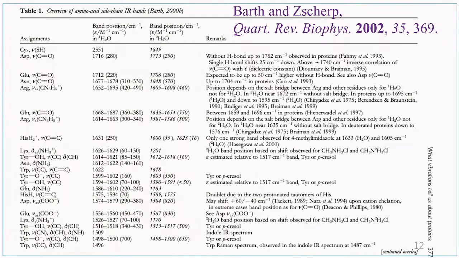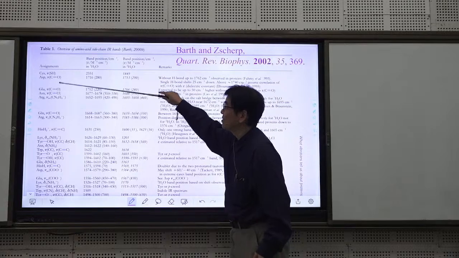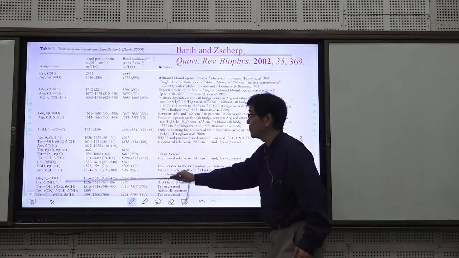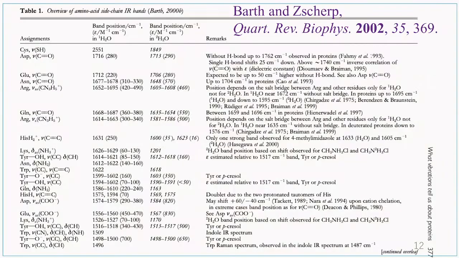Also, this is a good review listing at which peak position which vibration of which amino acid appears. Usually I refer to this paper to check what the origin of each peak is.